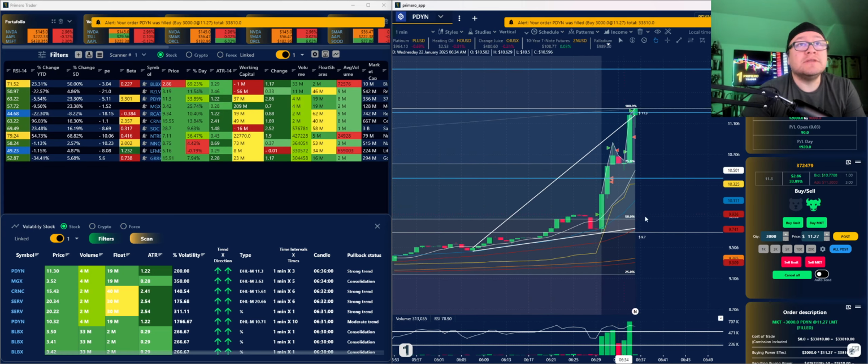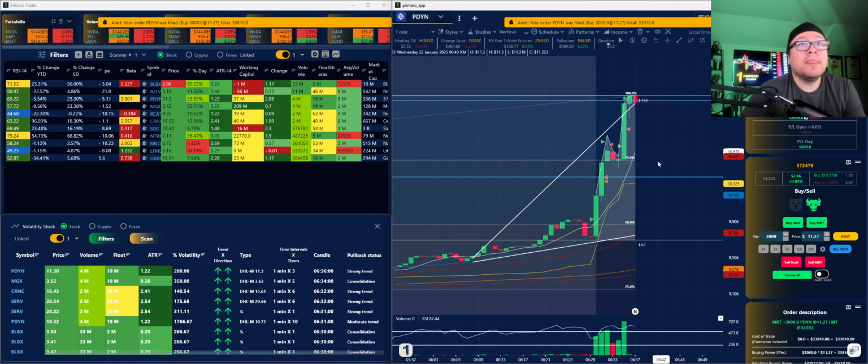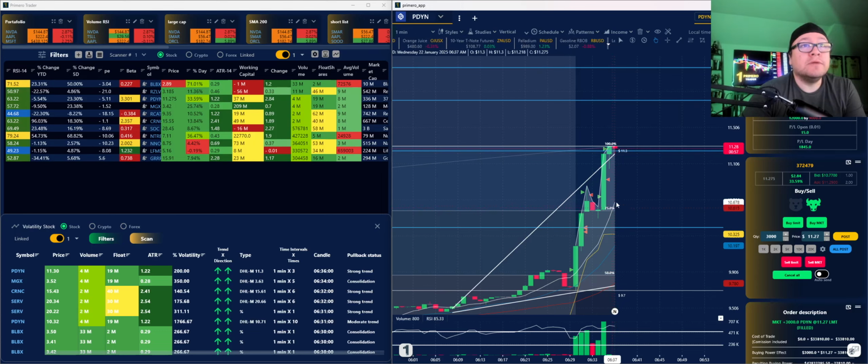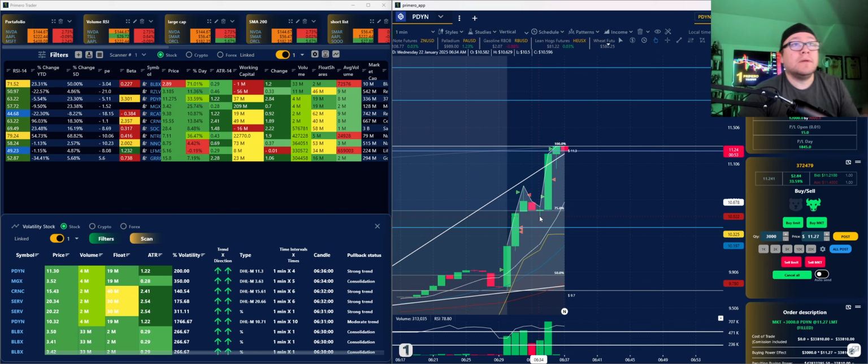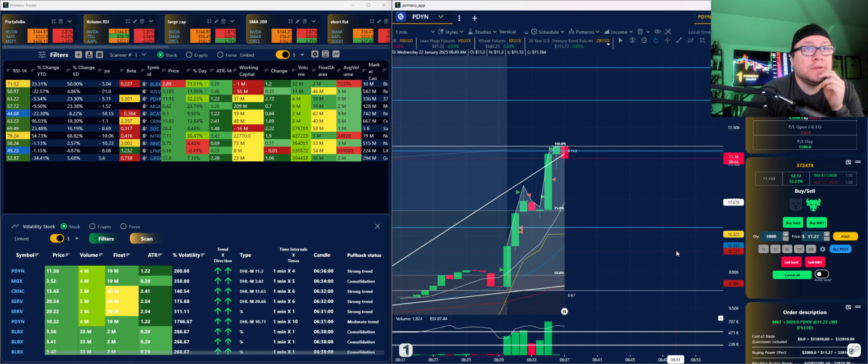Indecision. Let's see if it gets to that blue one. We're far from the 9 moving average. Let's see. I might be playing with fire right now.